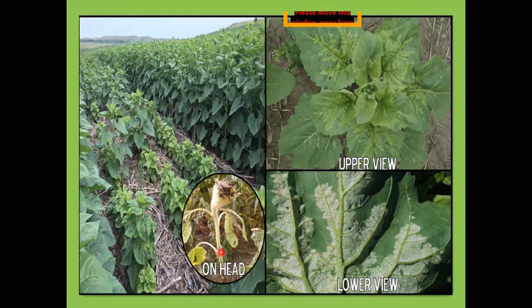Such infected plants are less vigorous, and lodging of these infected plants takes place because this infection is mainly seen on the basal portion of the sunflower plant. Such infected plants become lodged. So these are the symptoms generally developed on sunflower plants at the seedling stage as well as the growing stage.